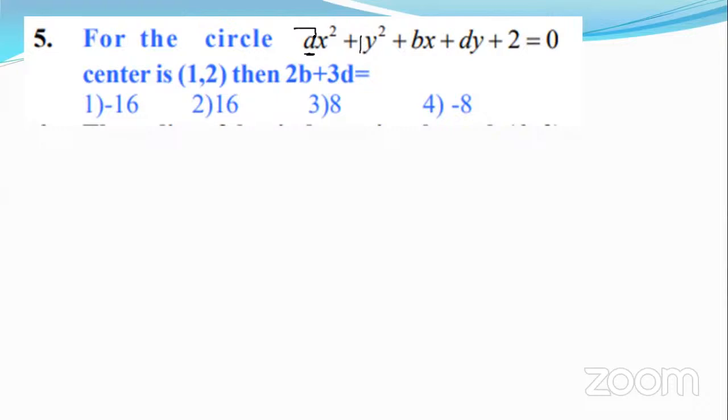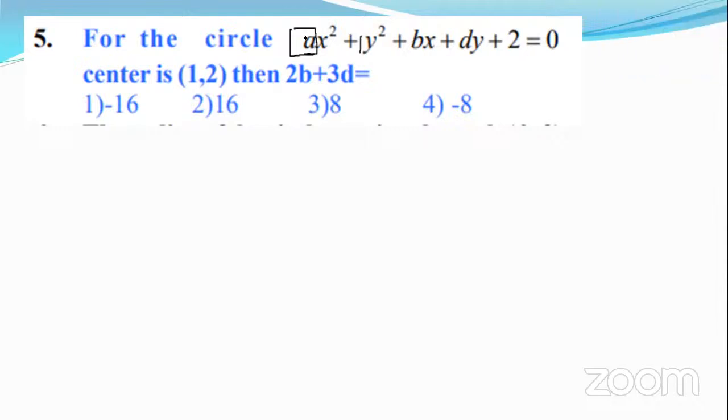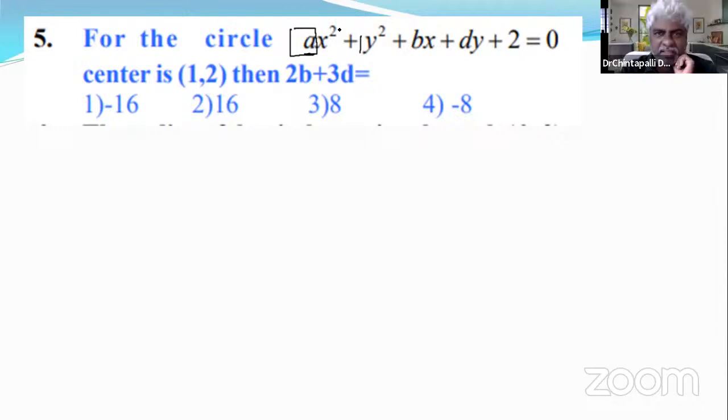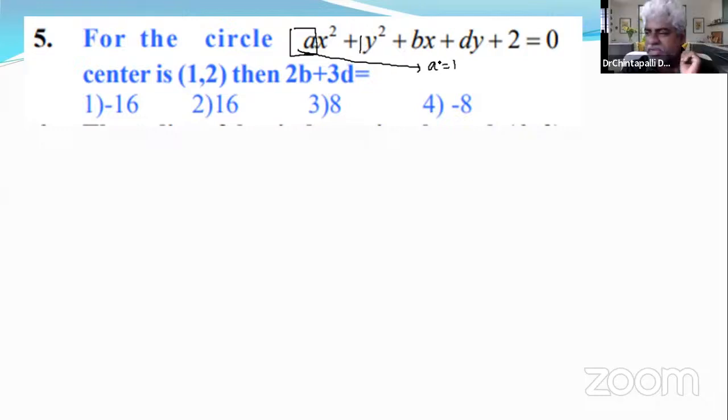What is the y square coefficient? 1. Then a equals 1, sir. Very good. Then we need not divide. So we can plug in a equal to 1 in that equation.